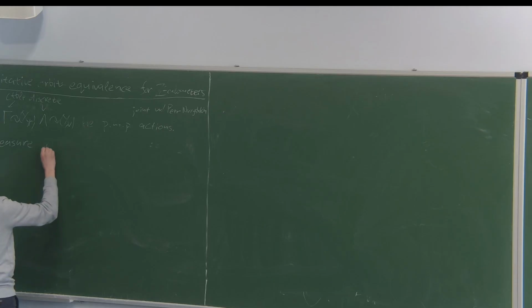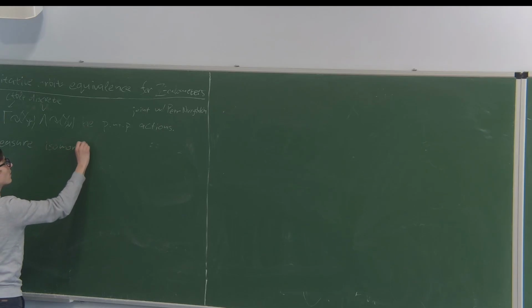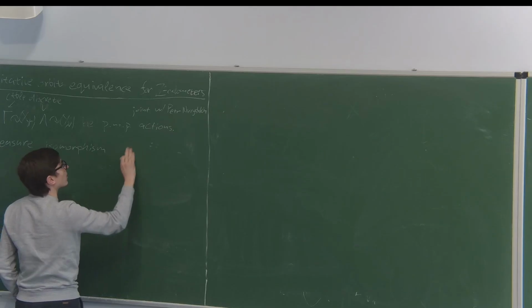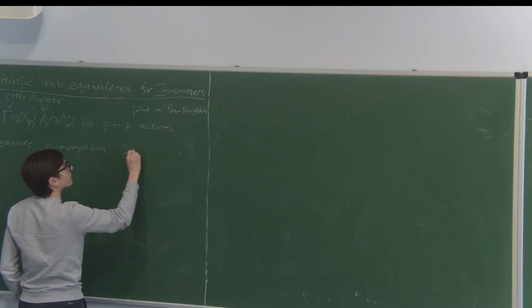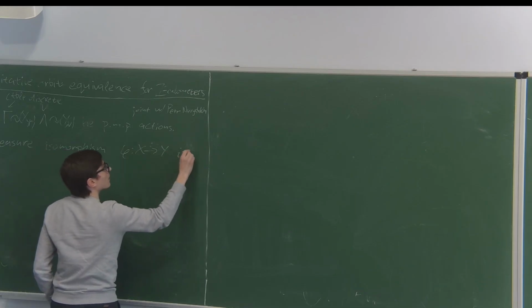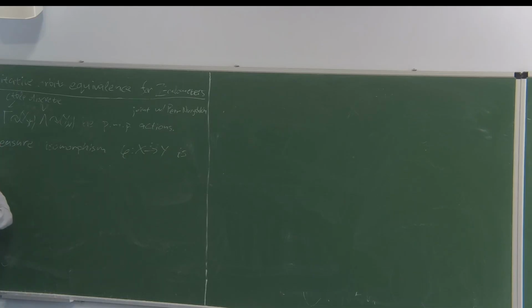So a measure isomorphism, call it phi, is an orbit equivalence if it preserves the orbits.